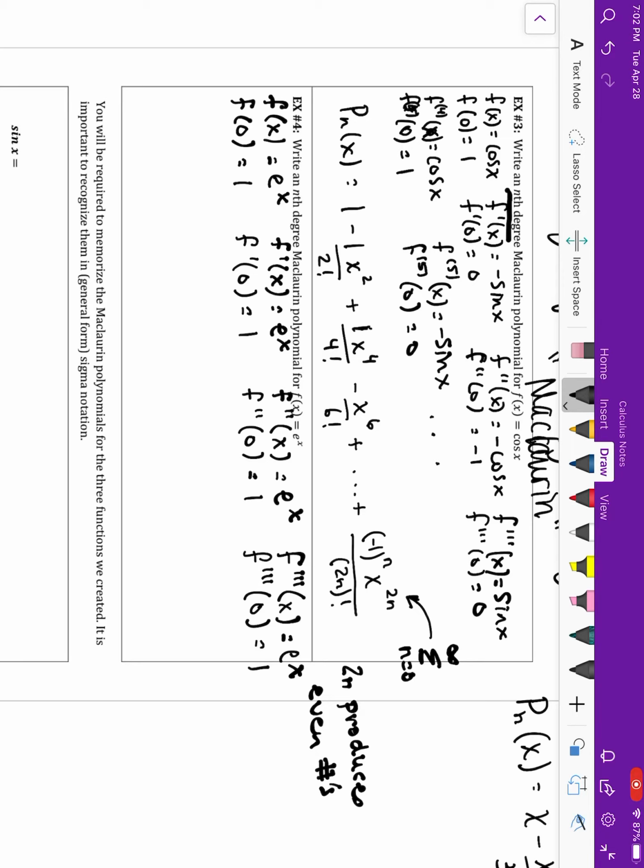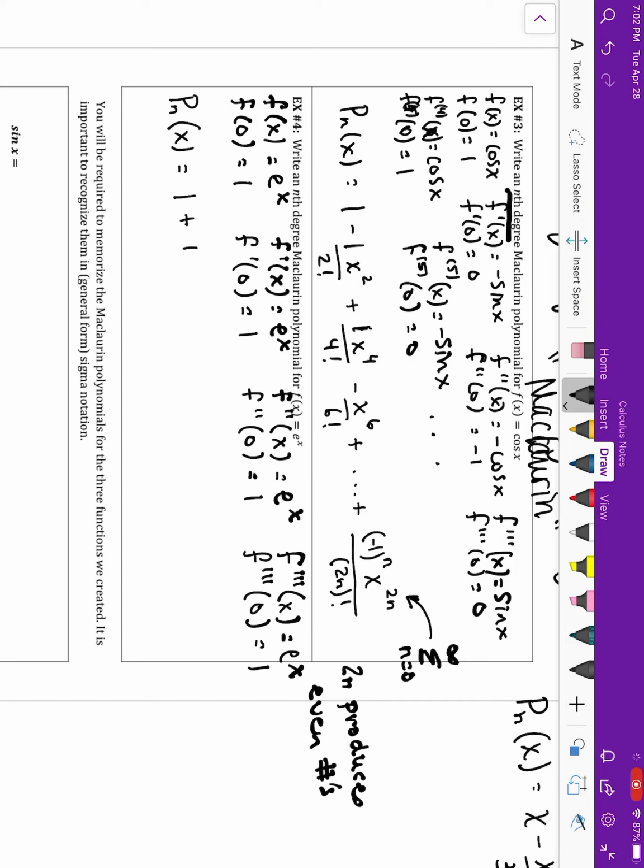So you can see that you are producing 1 every single time because you're producing e to the x every single time. So if I wanted my Taylor polynomial, or more specifically my Maclaurin polynomial, because I'm centering it at x equals 0, I have f of 0.